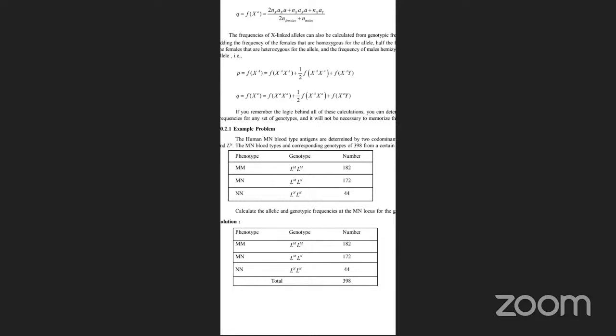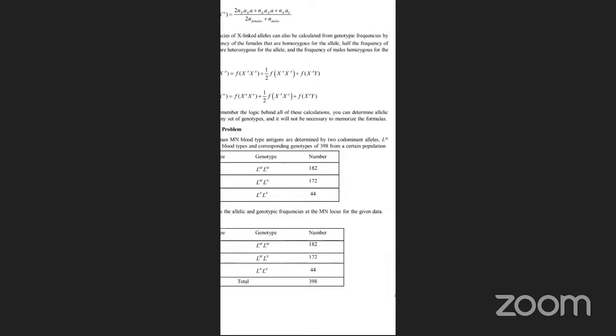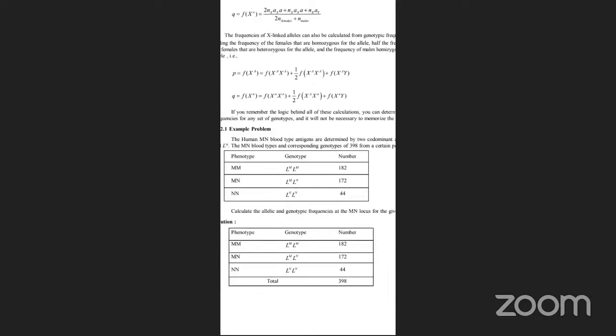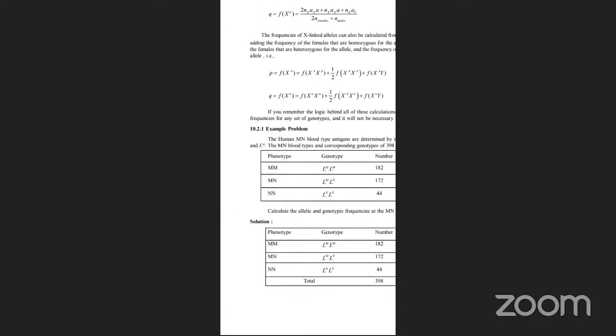Calculate the allele and genotype frequencies of the MN locus for the given data. The genotype frequencies for the population are calculated as the number of each genotype divided by the total.